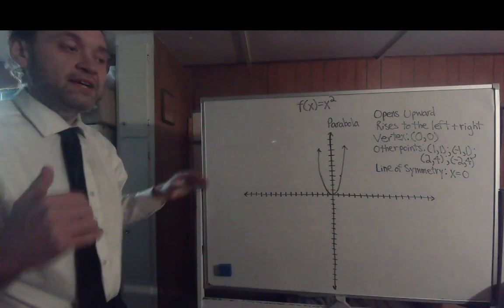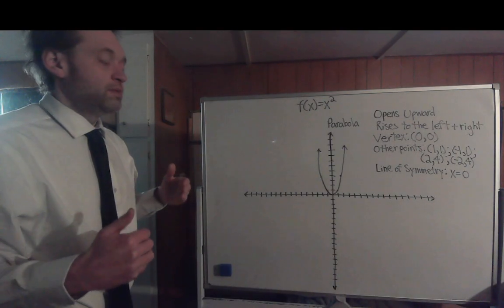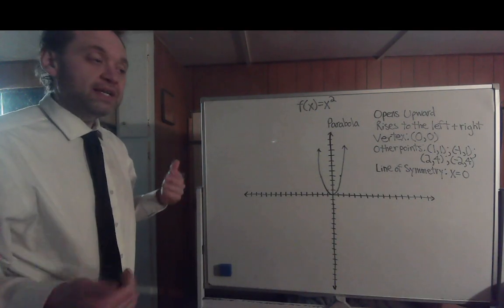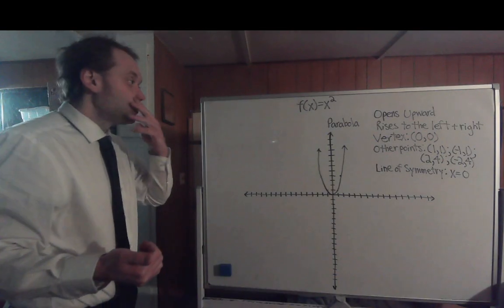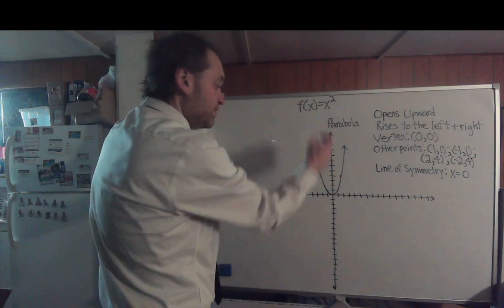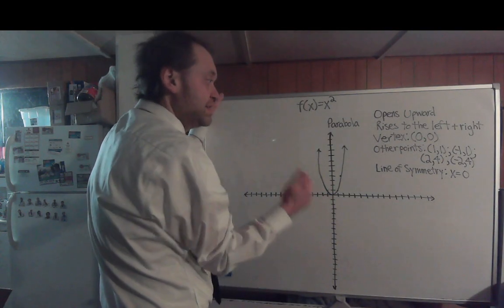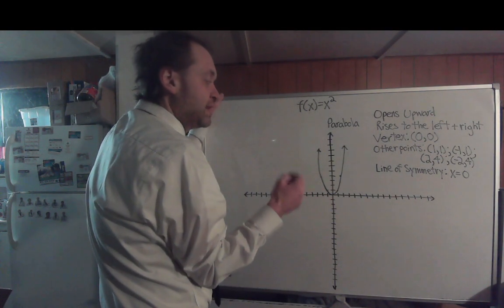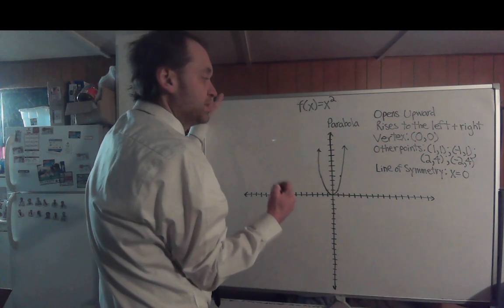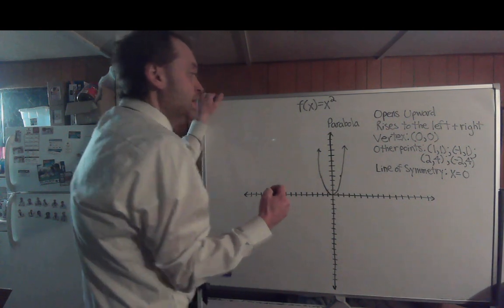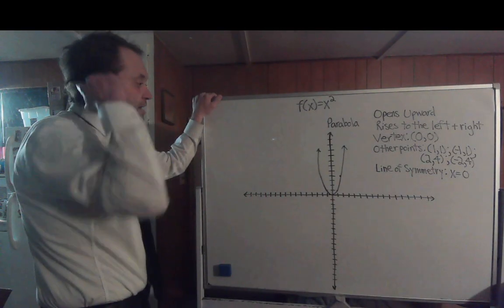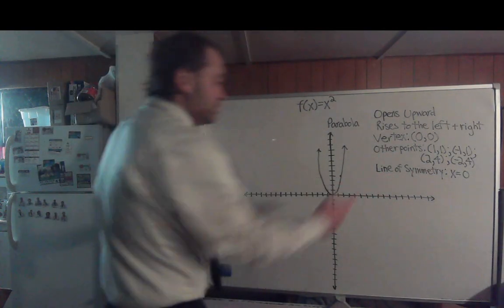So what is a vertex of a parabola? It's either the highest or the lowest point. If it opens upward, the vertex is your lowest point. It's 0, 0. The y value can't go any lower than 0 is what that means. And then you have what's called the line of symmetry.